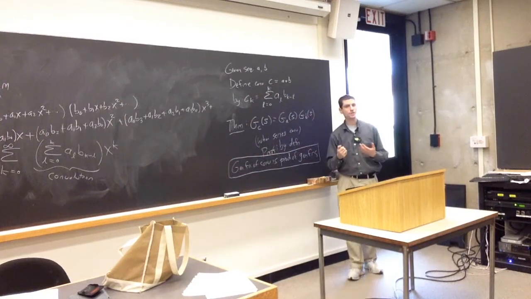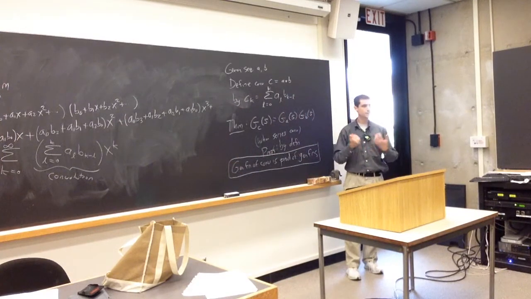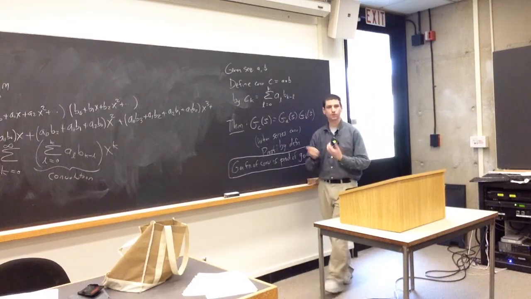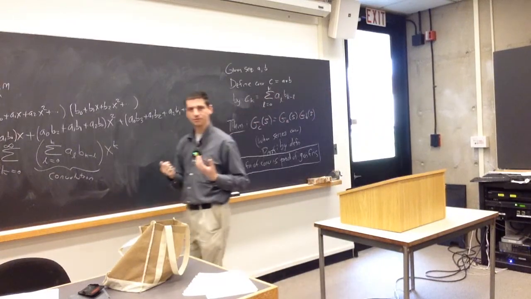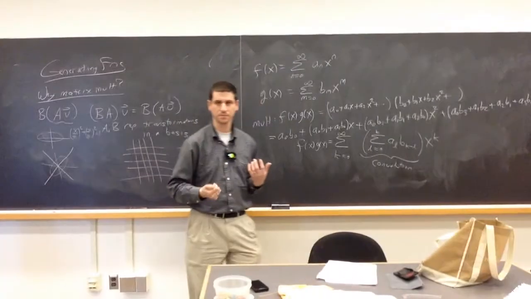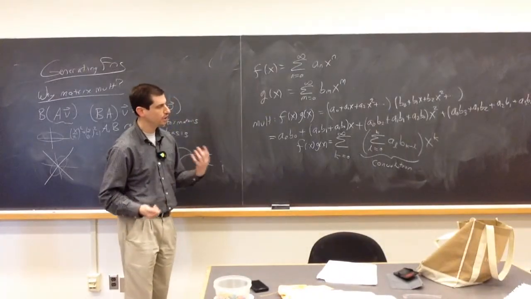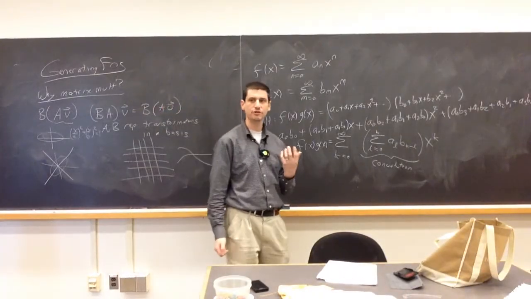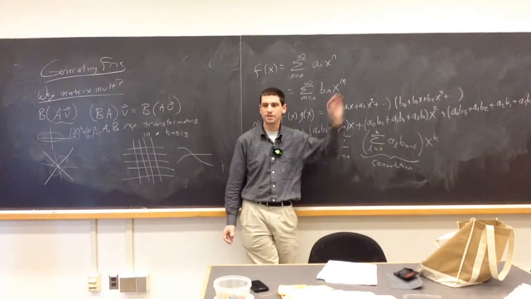This might remind you of all the different log rules we have. The log of a product is the sum of the logs. The log of a quotient is the difference of the logs. Having these phrases is extremely useful. The generating function of a convolution is the product of the generating functions.